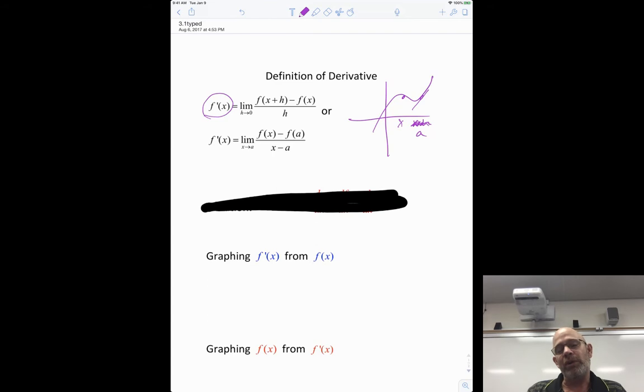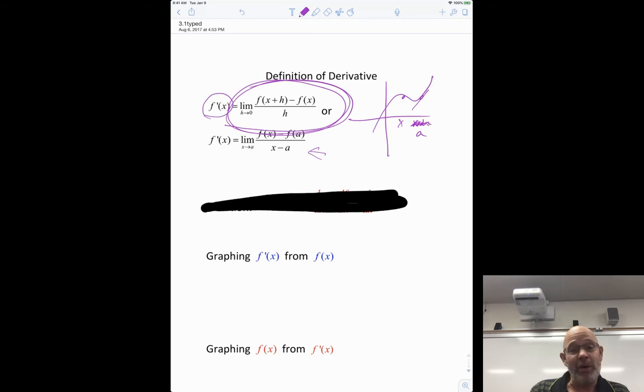When you use this definition to find derivatives, sometimes one of the definitions is better than the other. I would probably argue that 99% of the time you can probably get away with that definition. We might make you practice a couple of them. The other definition tends to work a little bit better if you're dealing with like square roots. That's pretty much the only case.